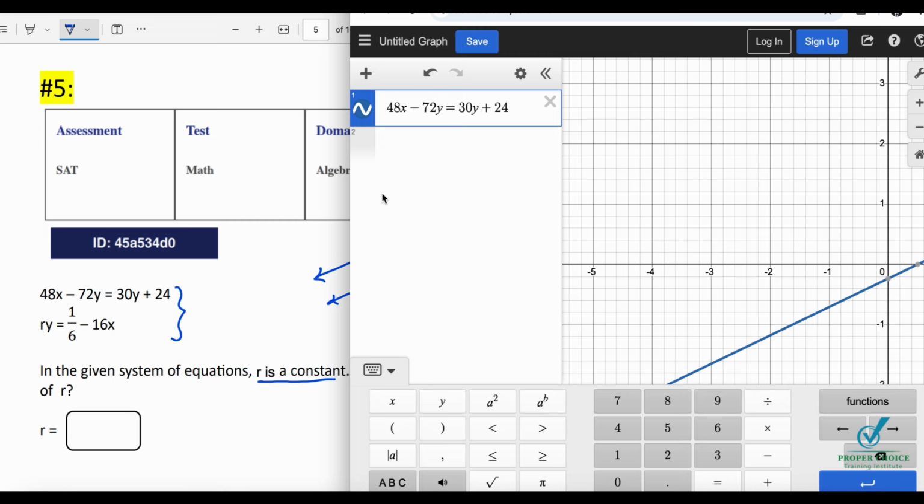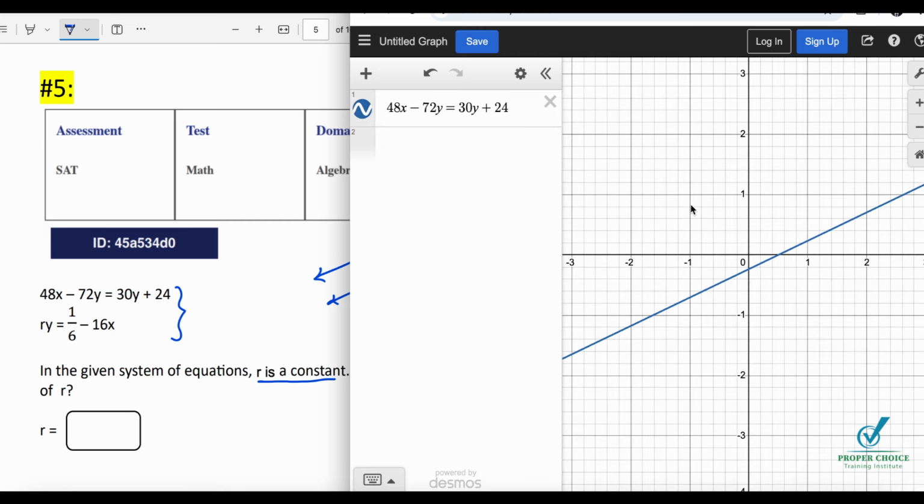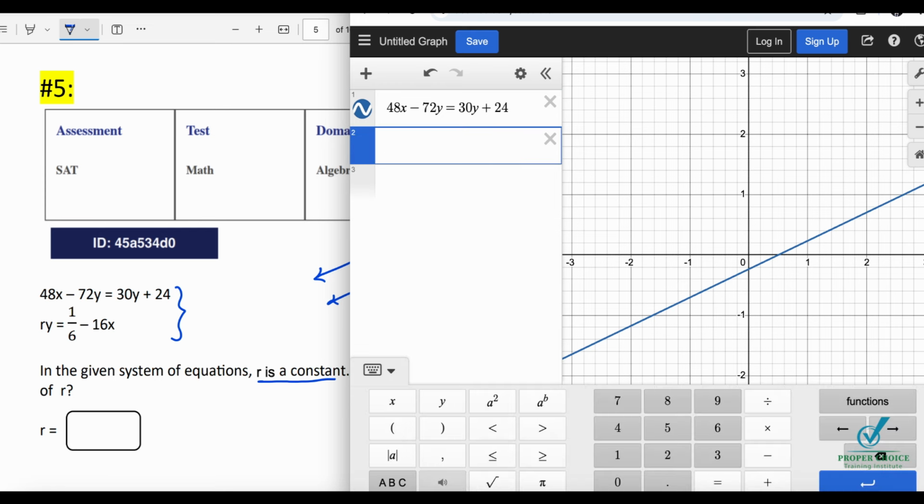That's one of the graphs I can see here. Then type it as it is, y equals 1 by 6 negative R times 16x.